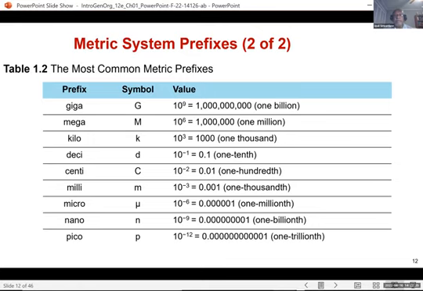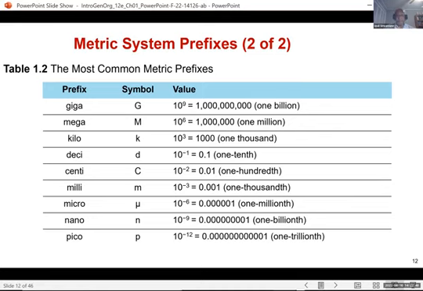That is 10 to the 9 meters. Big M, small m is 10 to the 6 meters.